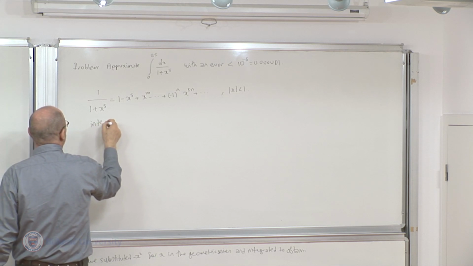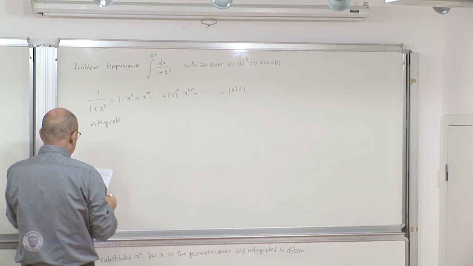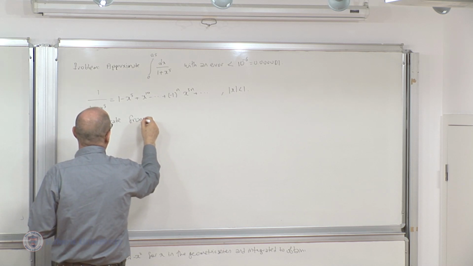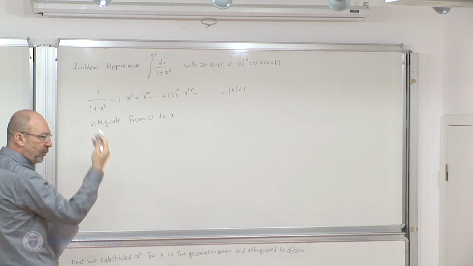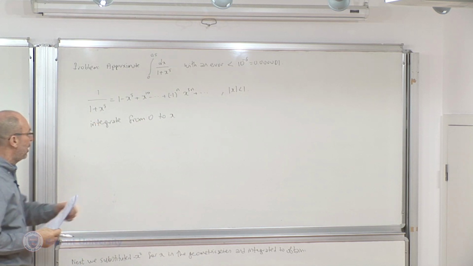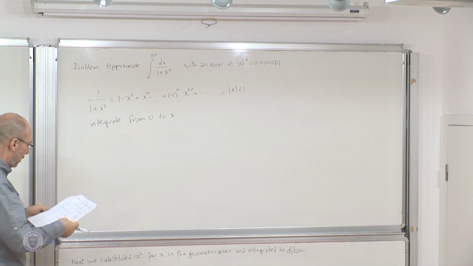Integrate from 0 to x. When you integrate something, you get an integration constant. In our case, when you integrate from 0, the integration constant will be 0.